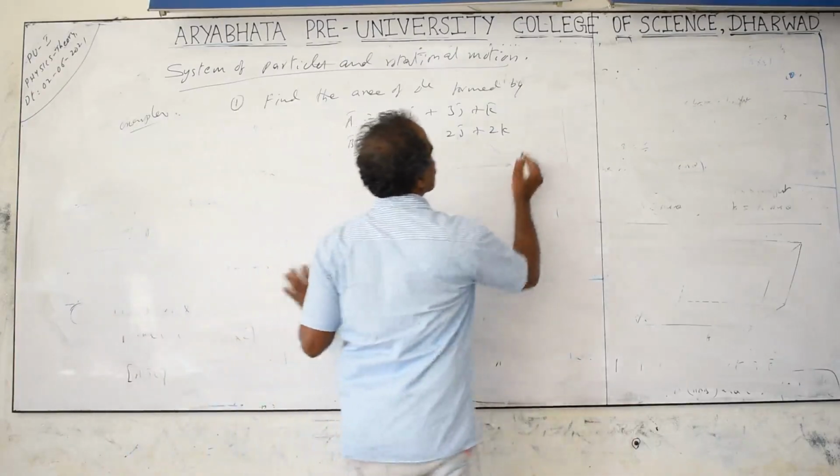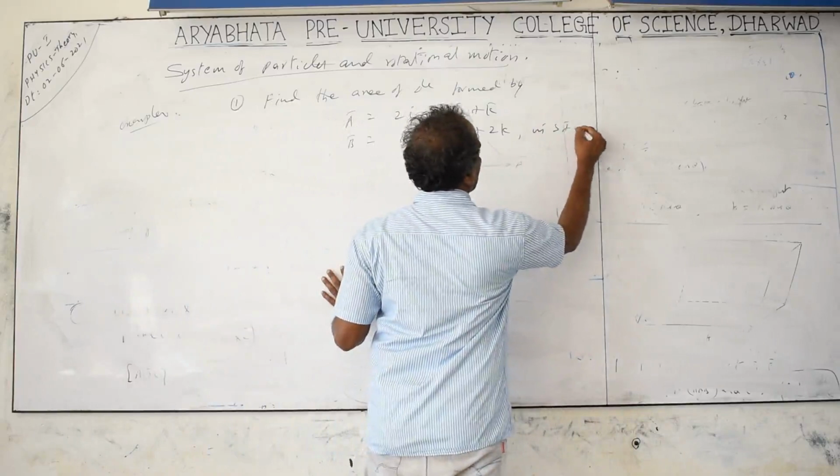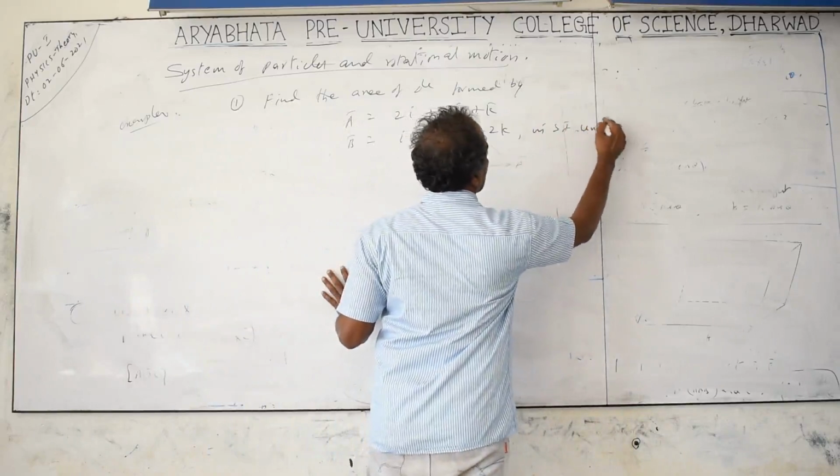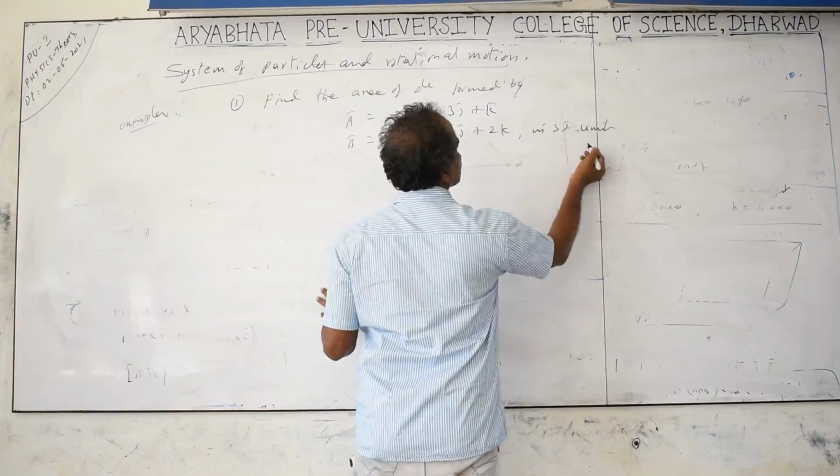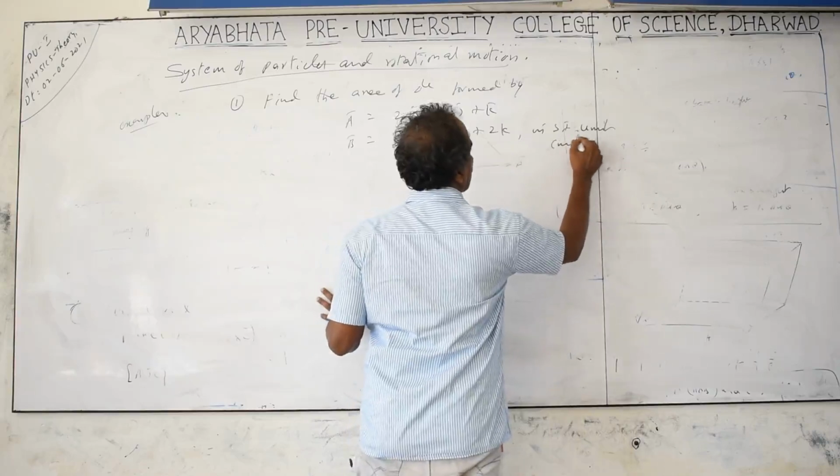In assignments, they are displacements, so we can take them in meters. Area means meter square, displacement means meter.